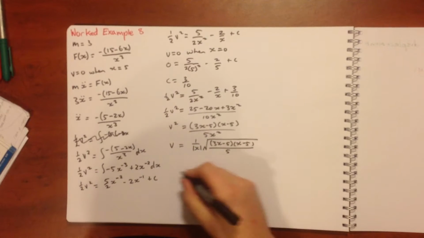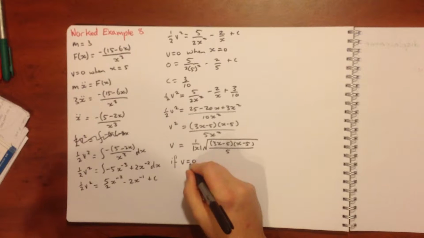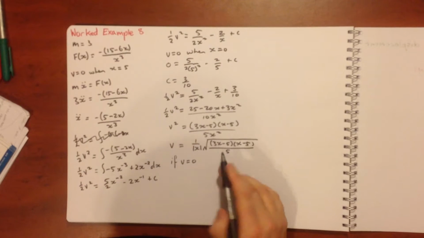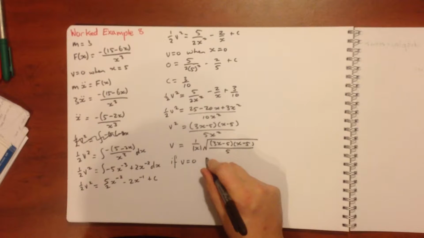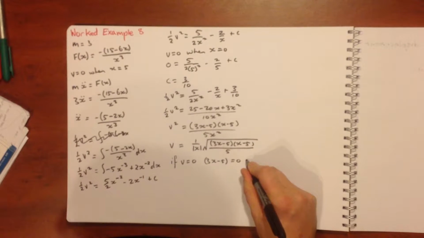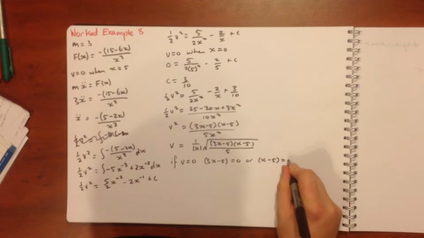So if v equals 0, then we need this part to equal 0. So our 3x minus 5 equals 0, or our x minus 5 equals 0.